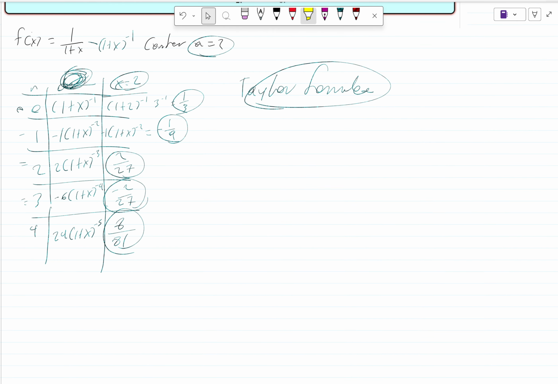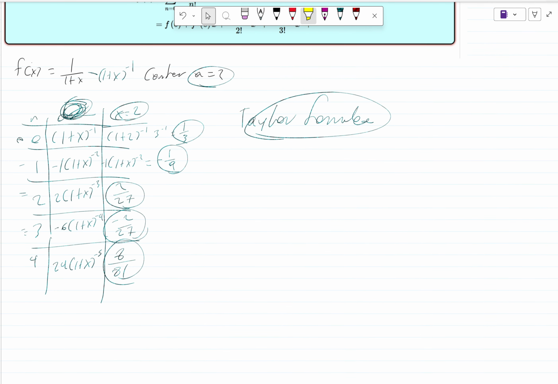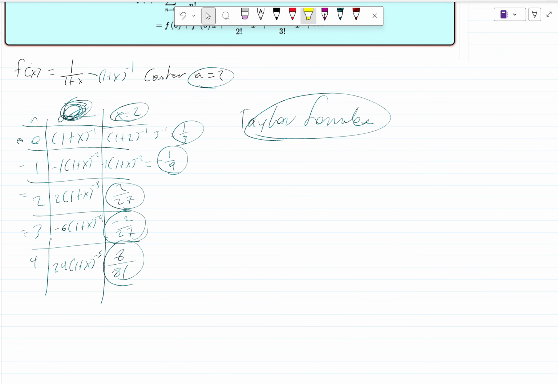So now we do the Taylor series. We are going to plug it in. If you don't remember, 1 plus x equals f(2), which is the approximation point, plus f'(2) times (x minus 2).